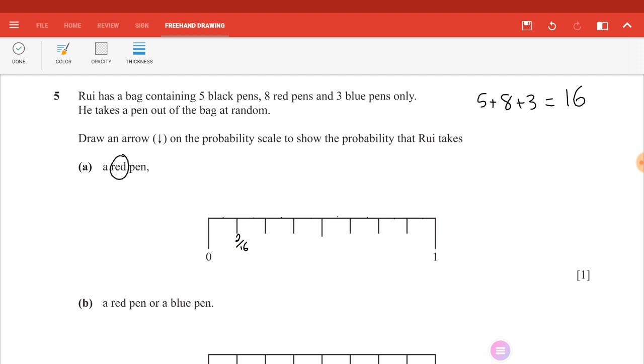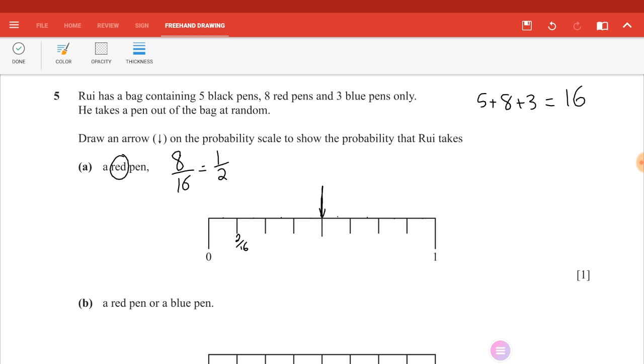Red pen: we have 8 red pens from the total, which is 8 over 16. When we simplify, it will be 1 over 2 in this place.